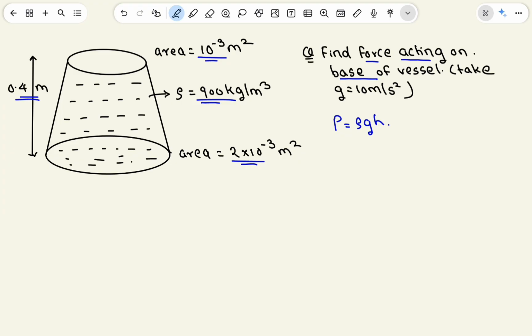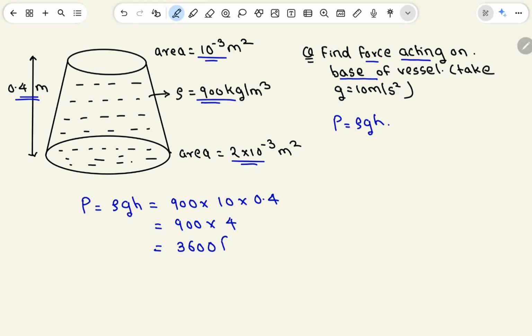So to calculate force, let's first calculate pressure. So pressure is rho gh, where rho is 900, g is 10, and h is 0.4. So 900 and 10 times 0.4 is 4. 4 nines are 36. So it is 3600 Pascal.